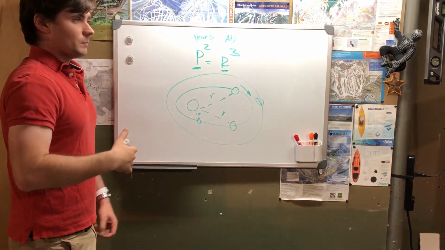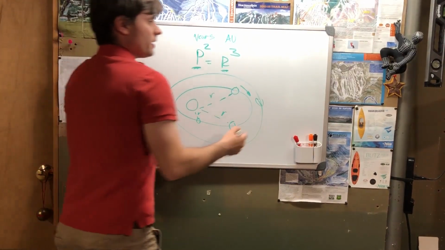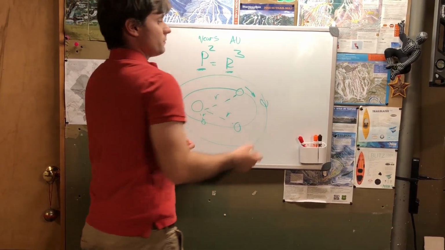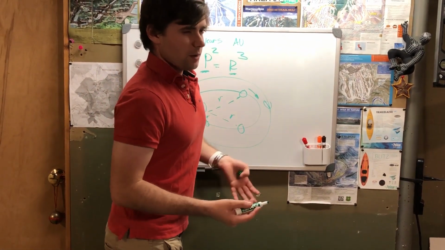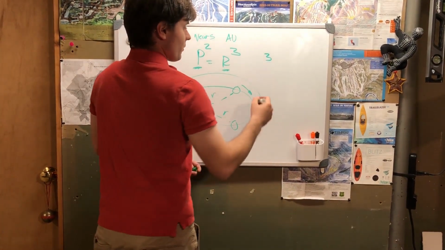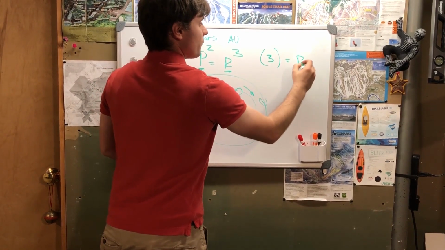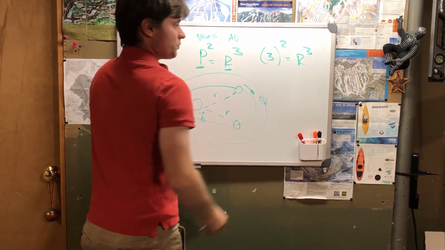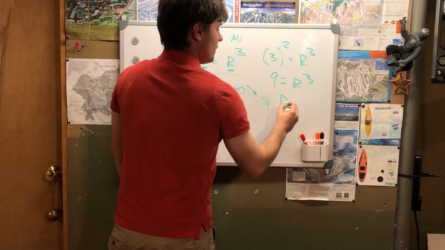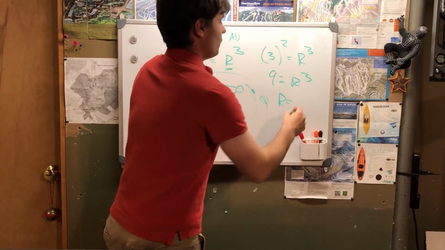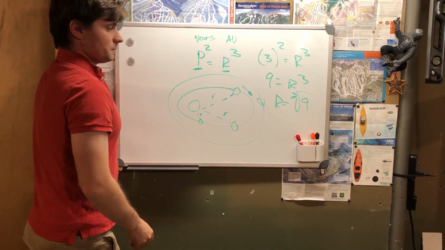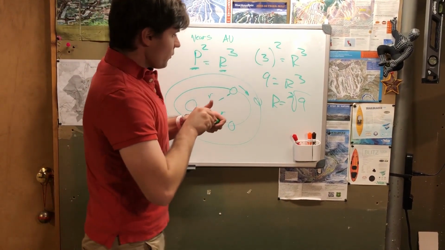So let's say, just as an example, that the average period of Jupiter is, and I'm just making this up as we go along, 3 years, even though it's not, it's longer. All right? And we wanted to find the average radius. We would just plug it in there, we get 9 is equal to r cubed. And the average radius of that planet, whatever it's called, is the cube root of 9.